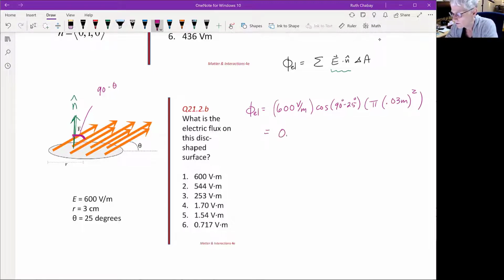And what we end up with is 0.717 volt meters. So you need to think about the meaning of these things before we do them.